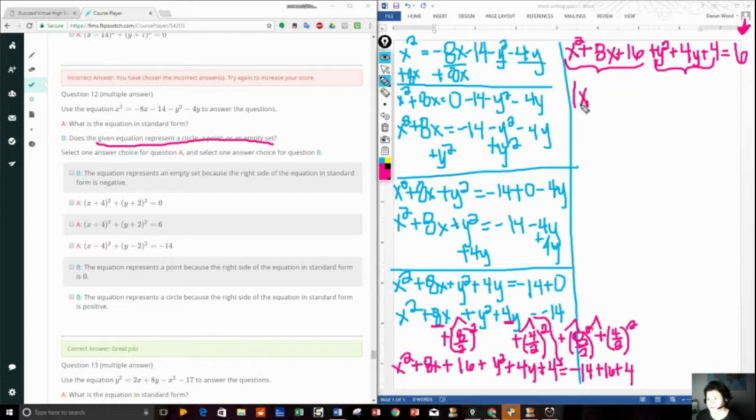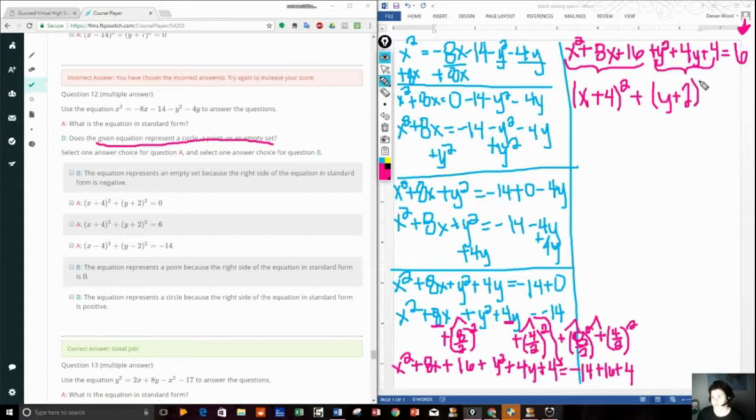So x plus, and in the lessons I know it said plus b halves right there. So our b halves is right here, 8 divided by 2. 8 divided by 2 is 4. And that's being squared, plus our y group, y plus, and again it had b halves, and for the y group, our b halves was 4 divided by 2, which is 2.